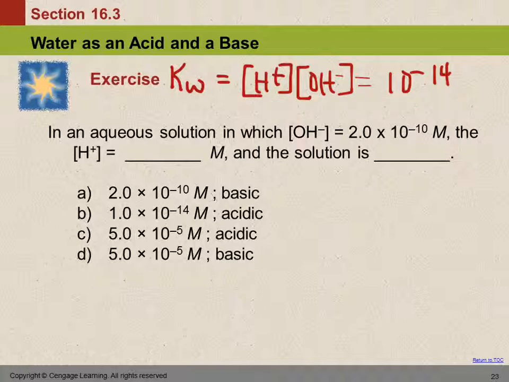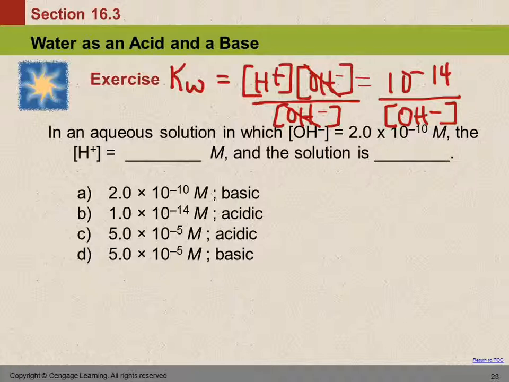Whoops, that's not what I wanted to do. So we're trying to find the H plus. So we want to divide this side by OH minus, and then we have to divide this side by OH minus also. These cancel out.